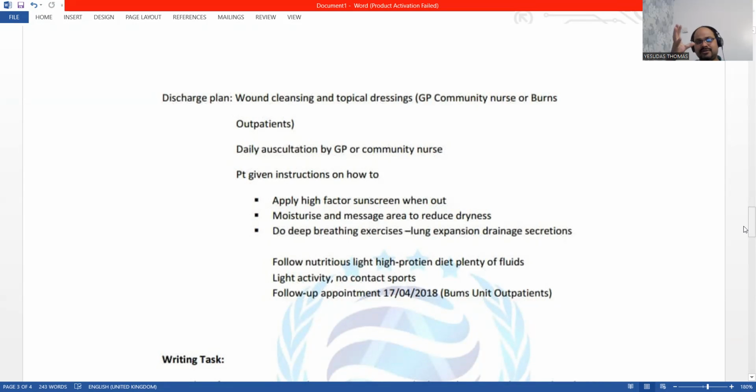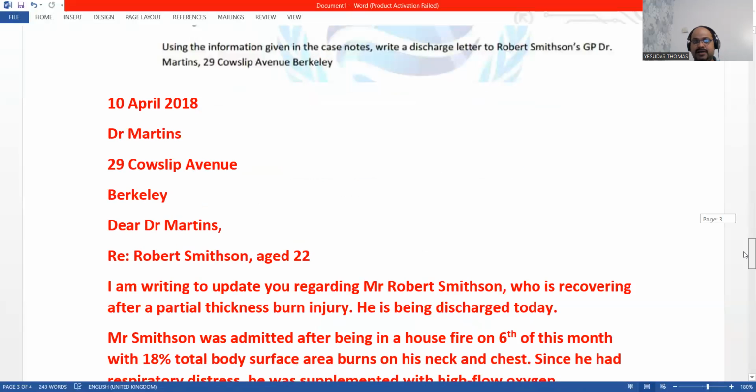Just brief it. It's not wise to write all these things in detail; it makes no sense. Another thing we have here is the follow-up appointment, which is on 17th April at the burns outpatient. So we will be seeing the letter here.